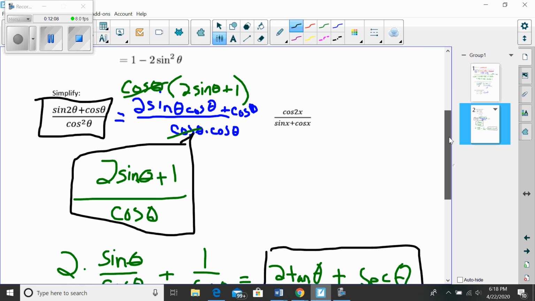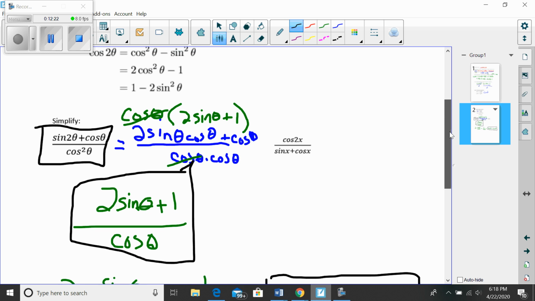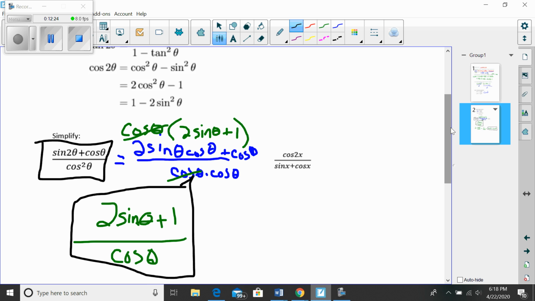All right, so we especially see this in trig. Things do not have to look at all the same to be the same. All right, so let's do our very last example. So I've got cosine of 2x, so I need to use one of the double angle formulas. Now I have x instead of theta, but that's okay because x is just representing the angle, so it doesn't matter if I call it theta or x or beta or alpha.